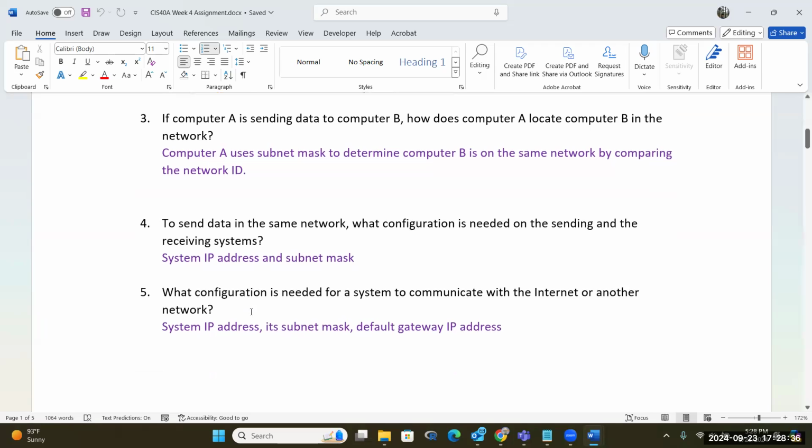Okay, question 5, it says, what configuration is needed for a system to communicate with the internet or another network? I mentioned this when we talked about computer A and B with different IP addresses earlier. You, of course, always have an IP address. You need its subnet mask, and because it's one network to another, you need the router IP address, the default gateway.